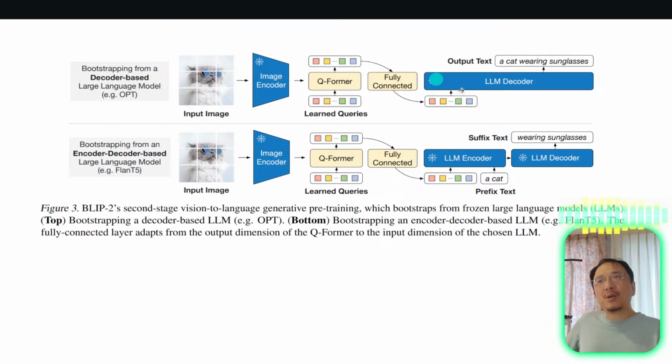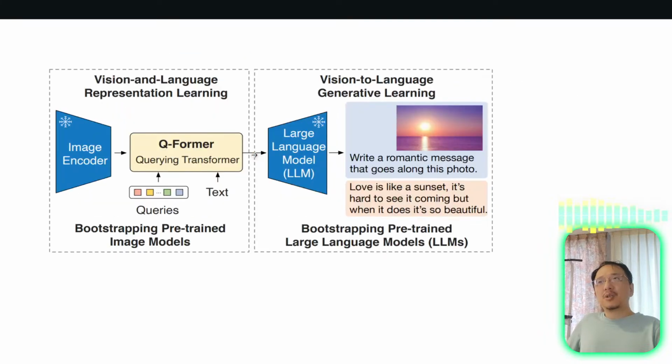But they are pretty much the same way for training. So basically, the Q-Former is a way to add an image as a condition into a large language model.